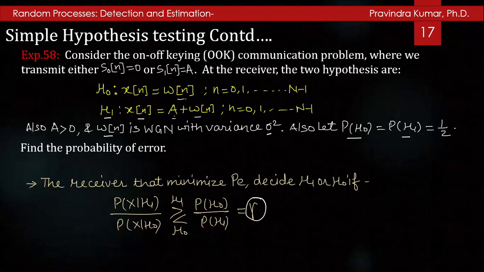So if this conditional likelihood ratio is greater than this threshold value, we will decide H1, and if it is less than the threshold value gamma, then we will decide H0. And here, because these two are equally likely, the values are 1 by 2 and 1 by 2, so the threshold value here is 1.